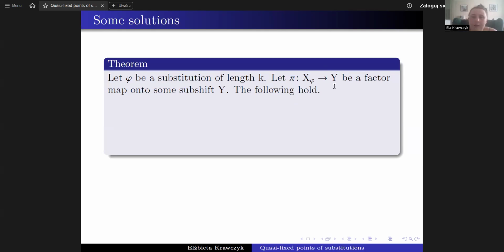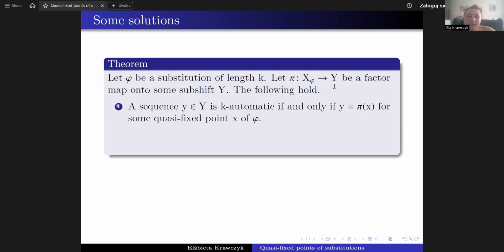And in this case, all the sequences in my system which are k-automatic are exactly given by a coding, or an image of the factor map, of some quasi-fixed point of phi. So in particular, if I don't have any coding, I'm in a purely substitutive case.